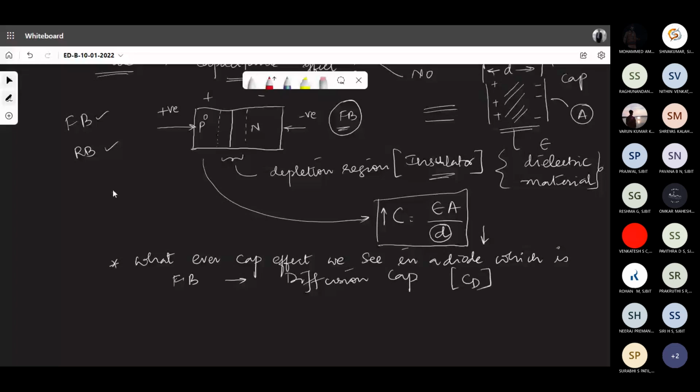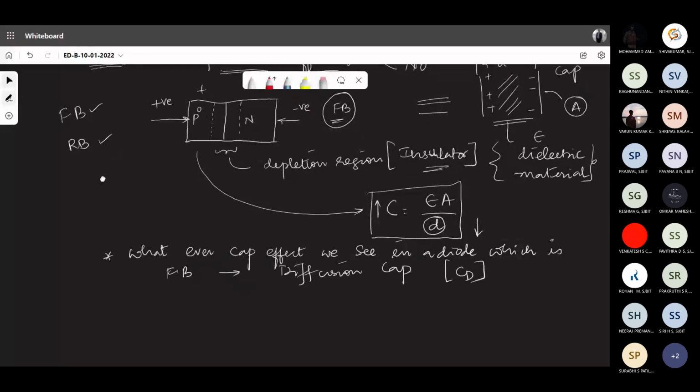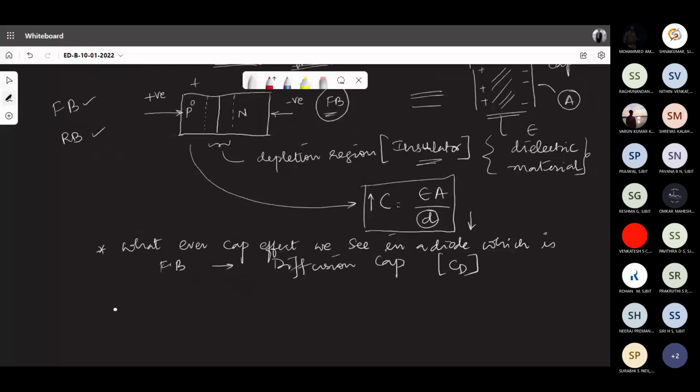When you reverse bias it, the only change you see is that the depletion width increases. Remember, the cross-sectional area is all the same. D increases, and hence the capacitance effect will reduce.